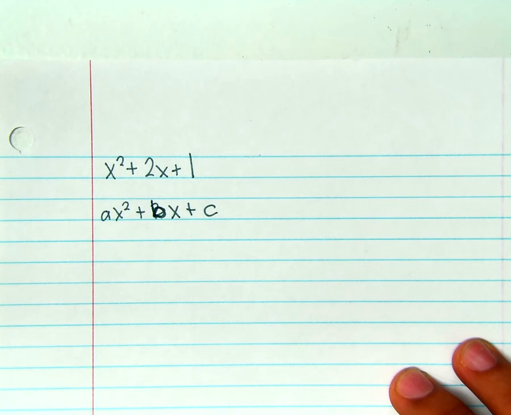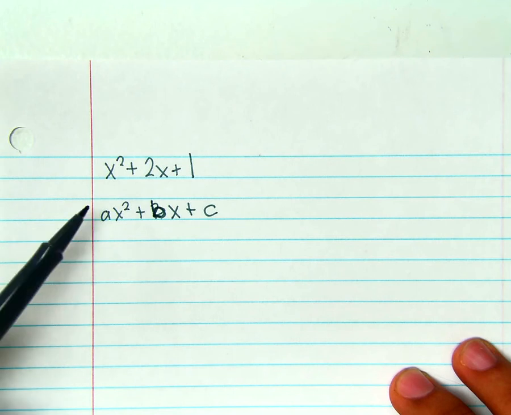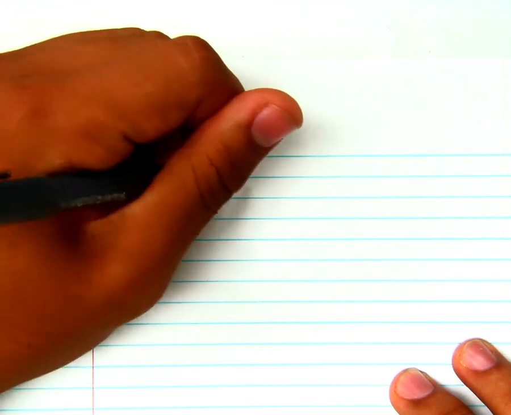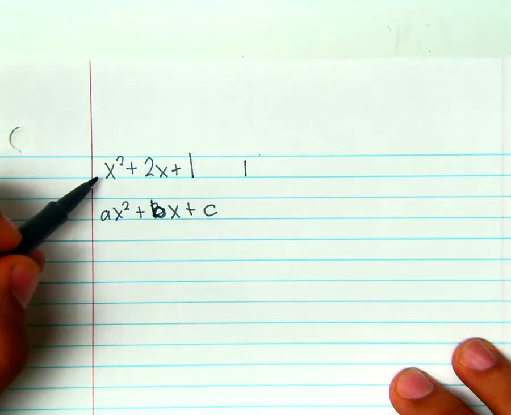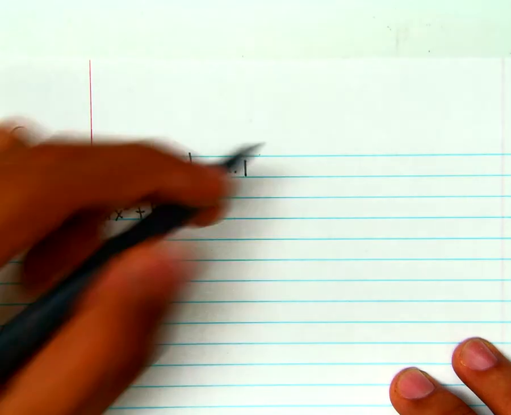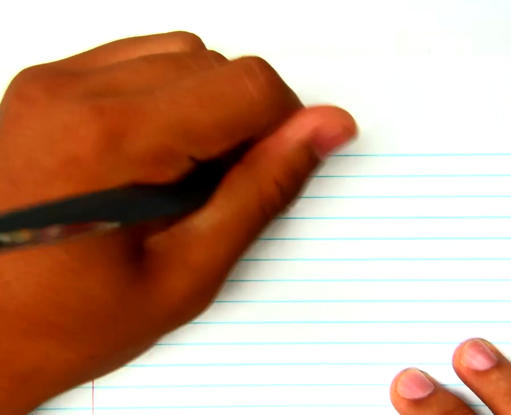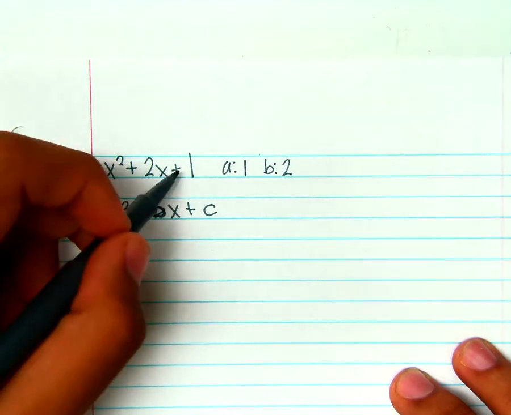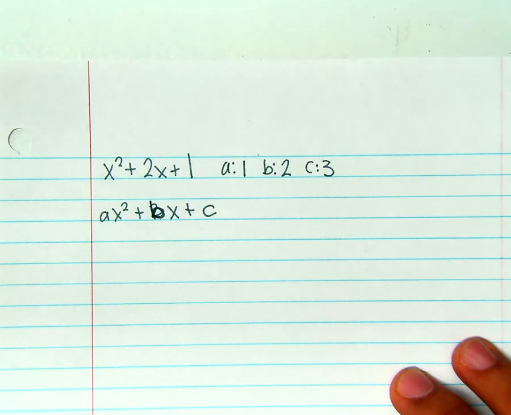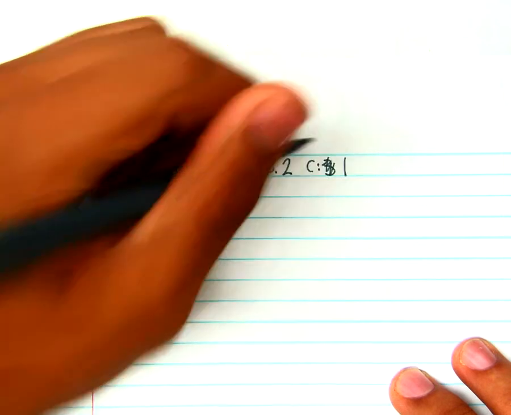Now this is important because when we're working with a trinomial, we're going to have to find our coefficients. So for this first example, our a is 1, because anytime there's an x squared, there's a 1 in front. So our a is 1, our b is 2, and our c is 3. Or our c is 1. Apologize. Okay?